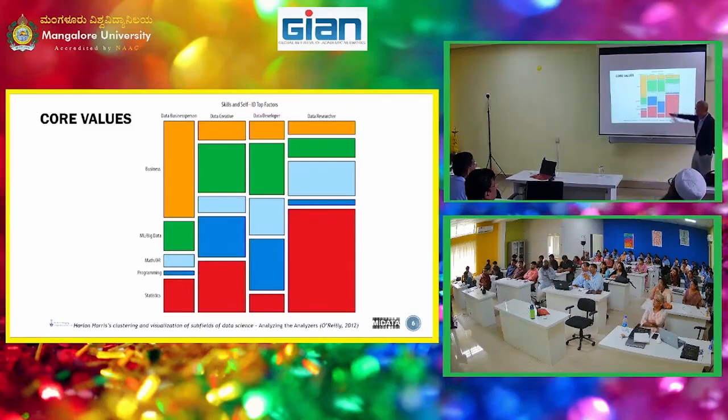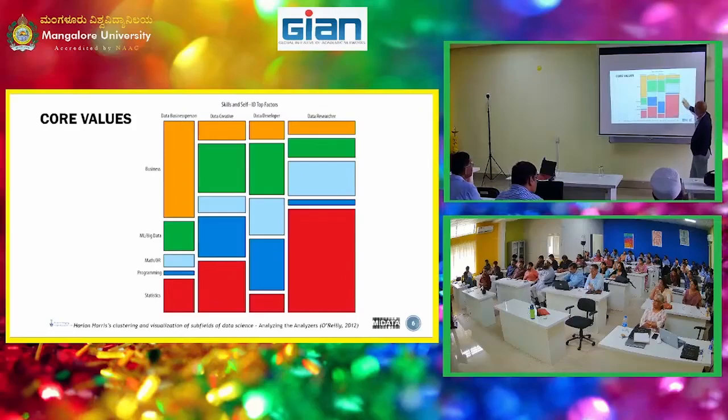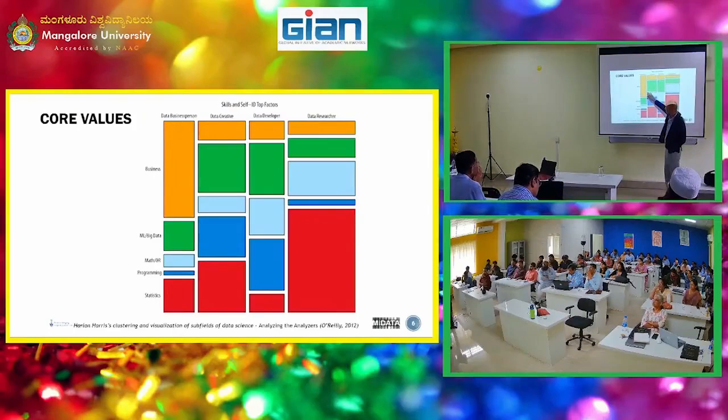So look at the way it's distributed, right? And who has what. If you're in business, obviously your biggest component is business. So you have a little bit of a mixture of math and machine learning and statistics and very little programming. Makes sense. You're a business person. A data creative looks very balanced, with a minimum of one ingredient.